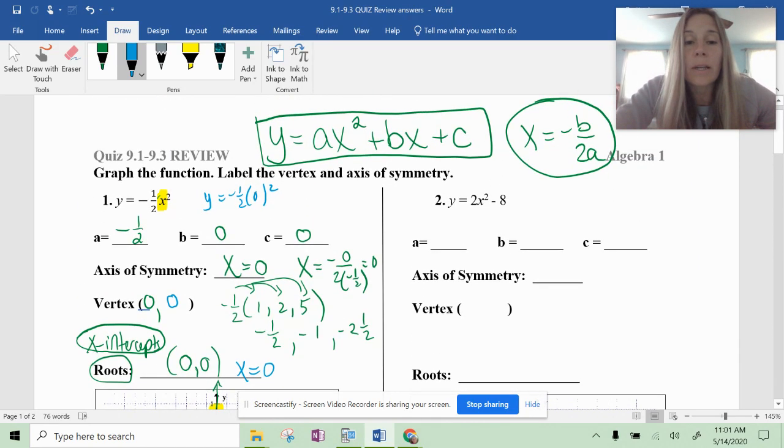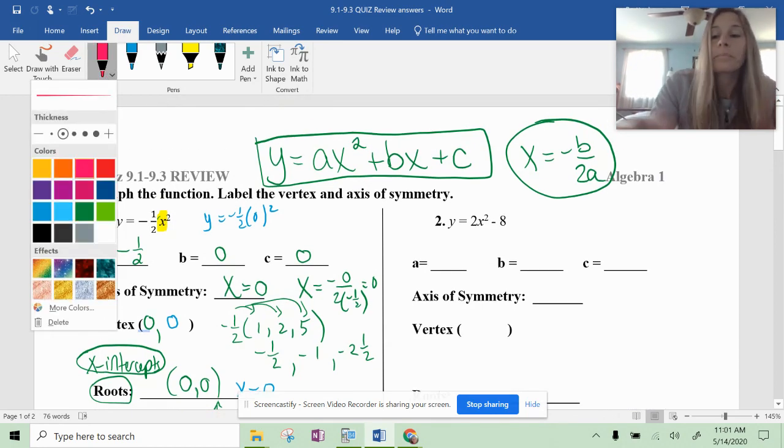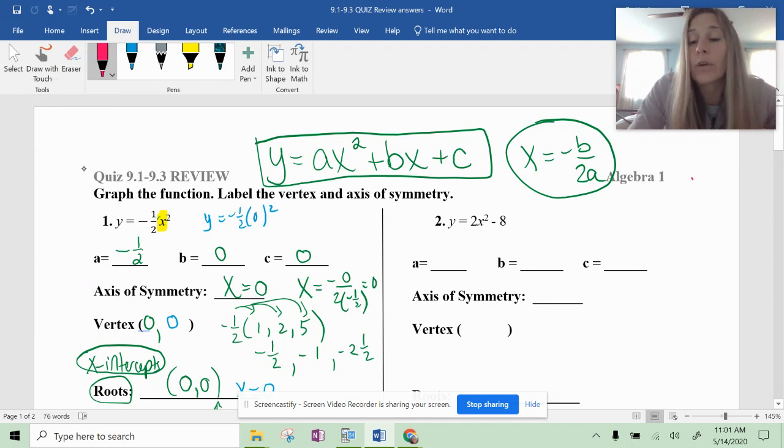Okay, so let's take a look at the next example. We have an equation. The y is by itself, and there are no parentheses, so it looks like standard form. The a is the number in front of the x squared, which would be 2. The b would be the number in front of the x, which we do not have here, so b is 0. And c is the constant at the end, which in this case will be -8.